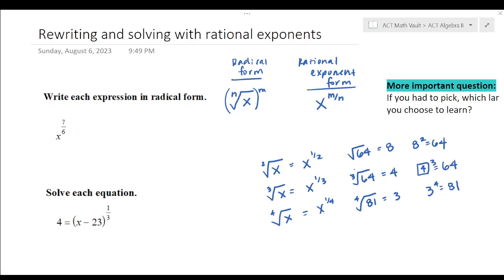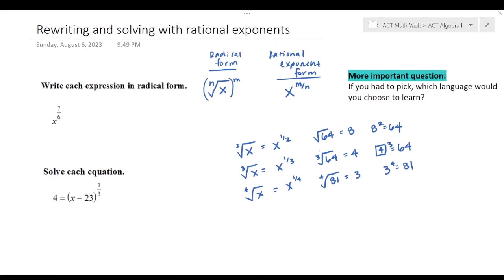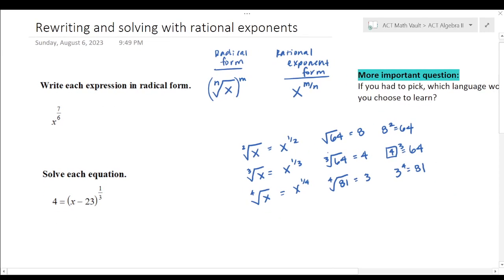So what the questions here are asking relate to all of this, background knowledge of rational exponents. If you had x to the 7/6 power, that would be like this m and n business. So m would be 7 and n would be 6. And so I'm going to use this right here to help me figure that out.